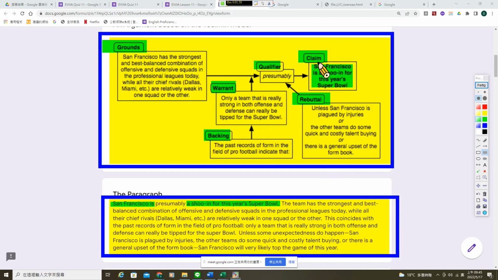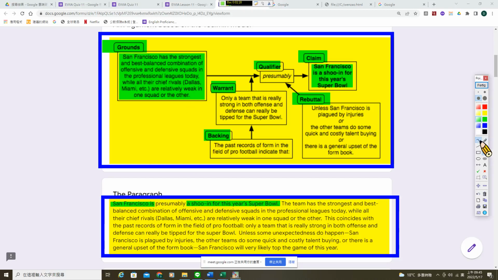And normally, after you have your claim, you have to provide your reasons, your evidences, your support for the claim. So San Francisco has the strongest and best balanced combination of offensive and defensive squads in the professional leagues today, while all their chief rivals, Dallas, Miami, etc., are relatively weak in one squad or the other.